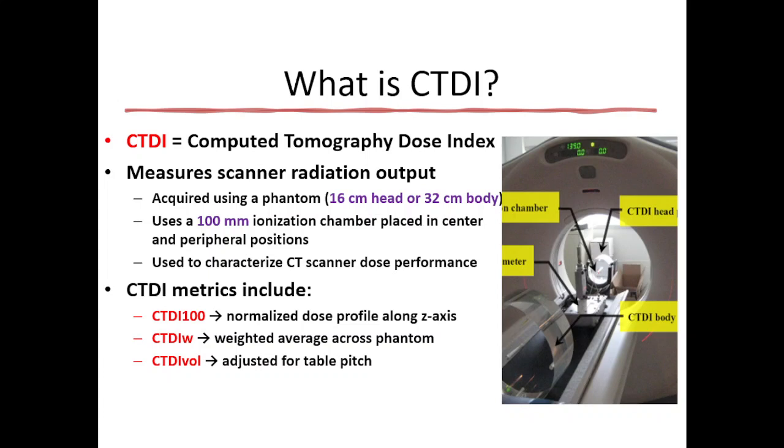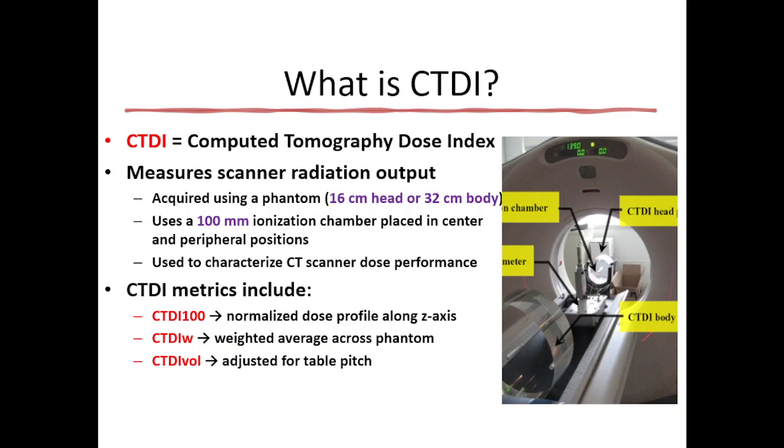The chamber is placed in both the center and periphery positions to measure dose distribution across the phantom. CTDI is used to characterize scanner performance and helps us compare dose levels across different scanners or protocols.